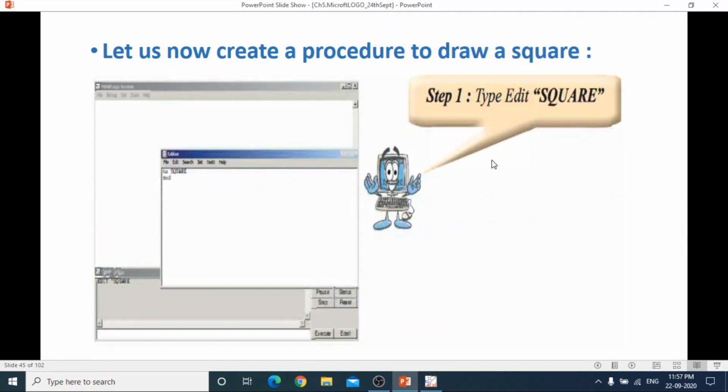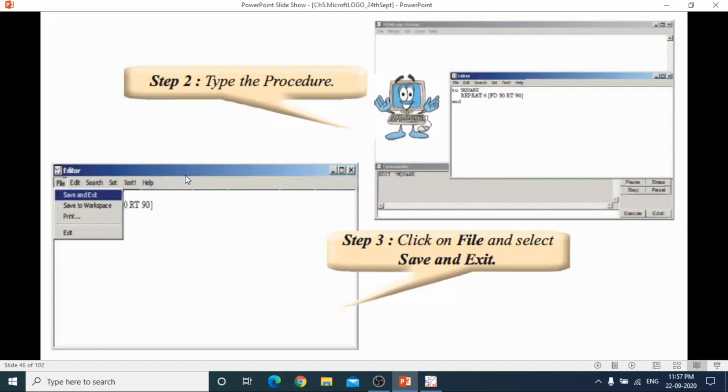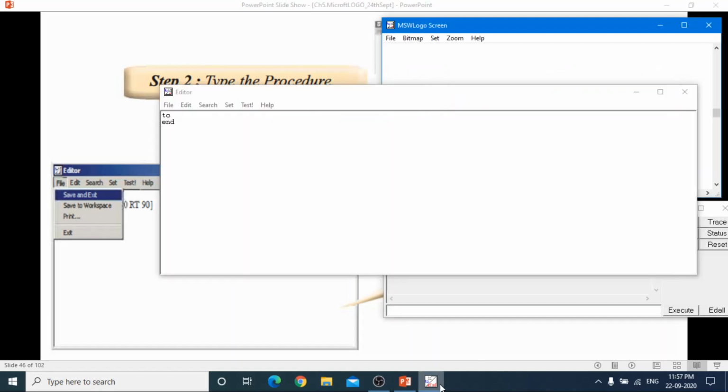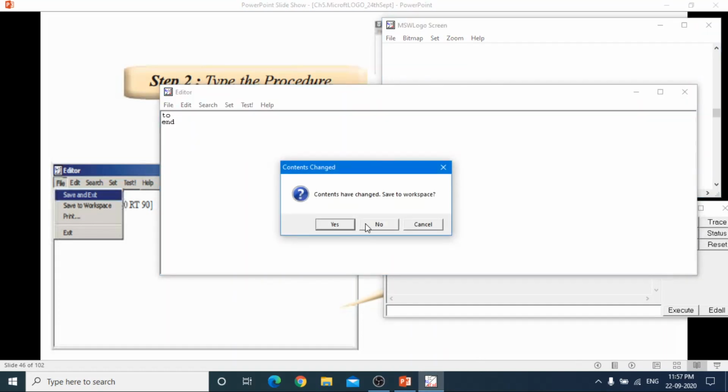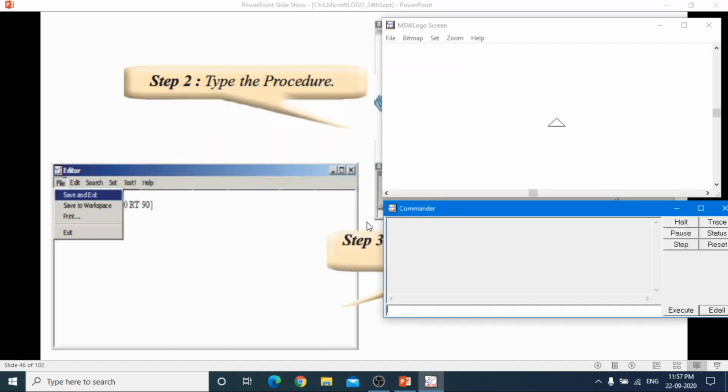See what is written here: TO and then the name of the procedure. After TO you have to write the name of the procedure, then write the commands for that procedure, and then save and exit. Again I am going to open the editor.